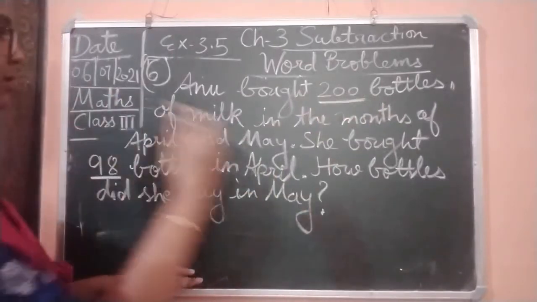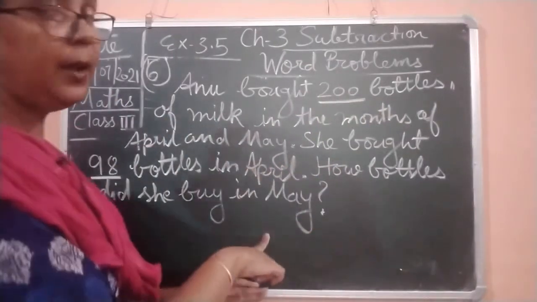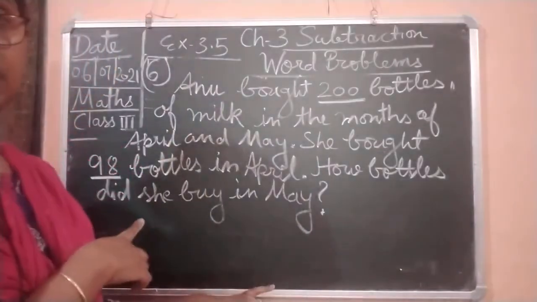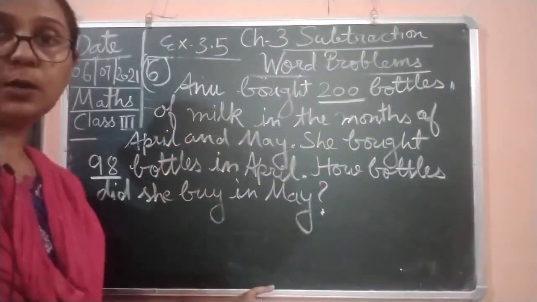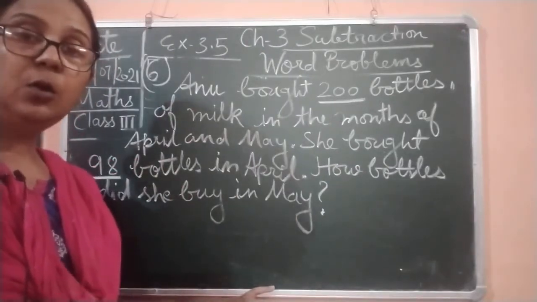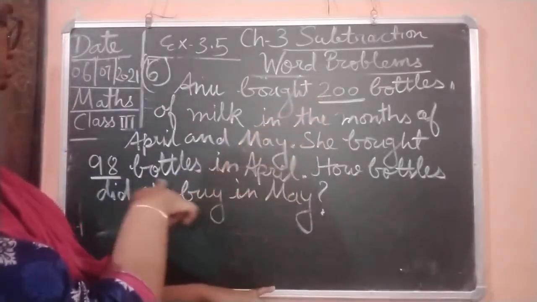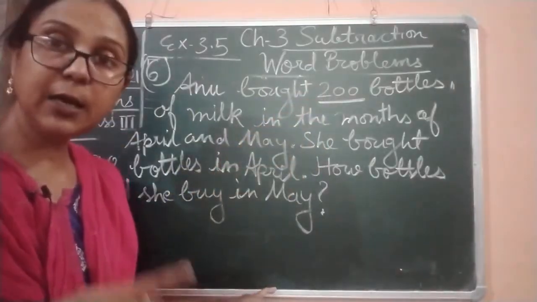Now the question is, how many bottles did she buy in May? Only when we subtract 98 from 200 will we get the correct answer.